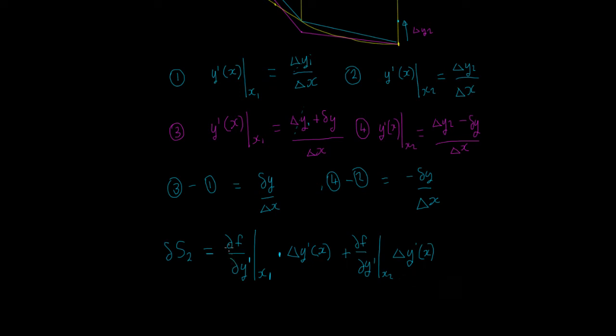We're just doing the same thing here as we had done previously with the position change. The only difference now is we're looking at the change in the function not with respect to the change in position, but we're looking at the change in the function with respect to the rate of change of the position, which is the gradient.